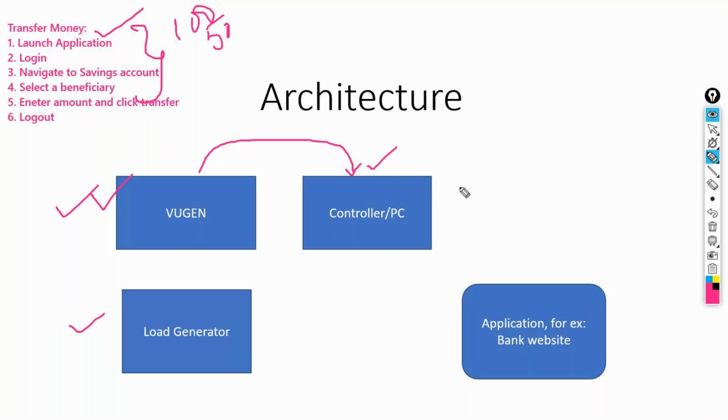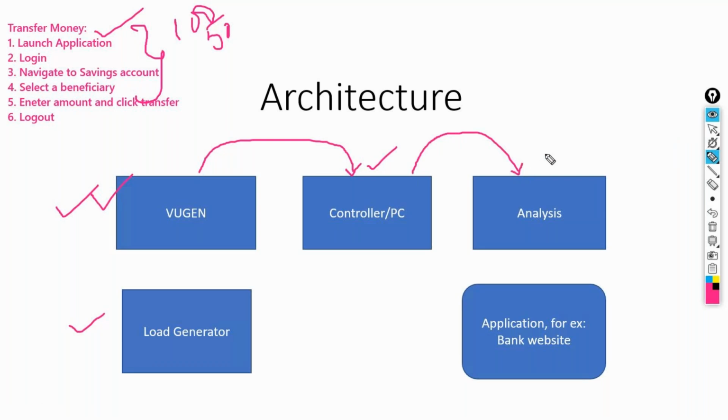Once the execution is complete, we should be able to analyze the results, right? That analysis we will do here in Analysis. Now again, I'll repeat one important point. The load generator will simulate all virtual users. VuGen will generate the scripts for all these steps, all this scenario.